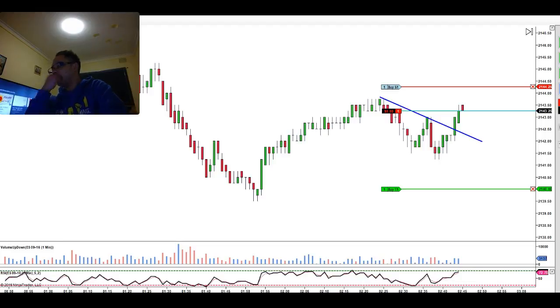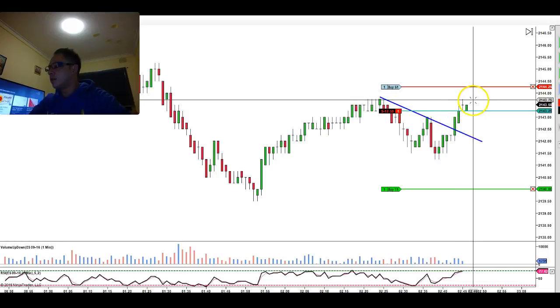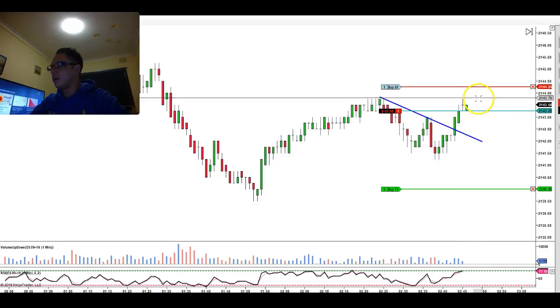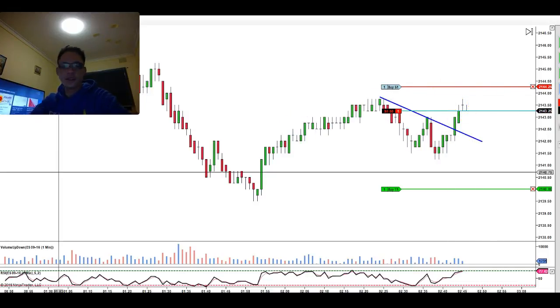Whoops. Oh, that's got a bit of a doji candle here, so can we see a reversal? Come on, don't stop me out.